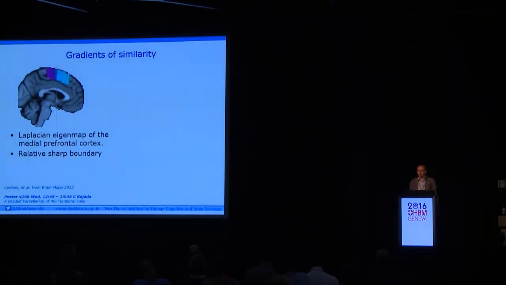And thanks to the work of Leonardo Cerliani, he pointed out nicely that this boundary can be sharp, as here for the SMA, pre-SMA separation. So here he mapped what he called the Laplacian eigenmap. It's a sort of gradient of similarity.